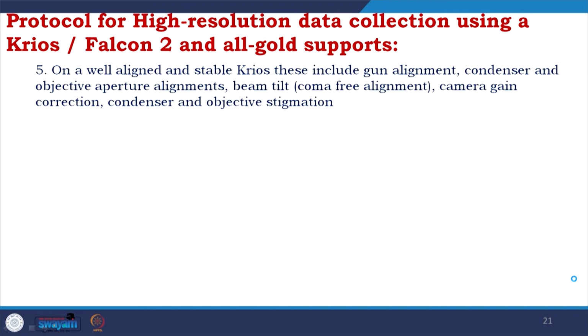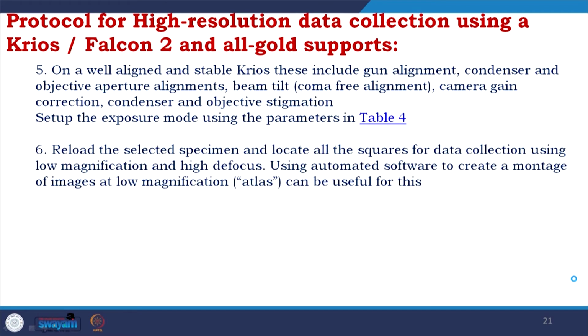On a well aligned and stable cryo-EM, these include gun alignment, condenser and objective aperture alignment, beam tilt, coma-free alignment, camera gain correction, condenser and objective stigmation. We have discussed setting up the exposure mode using the parameters we have in the table.